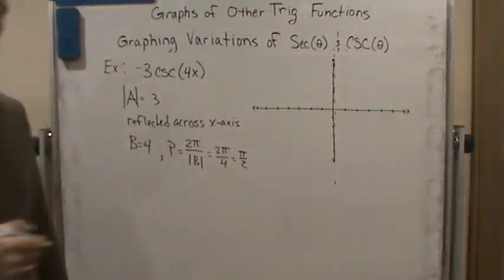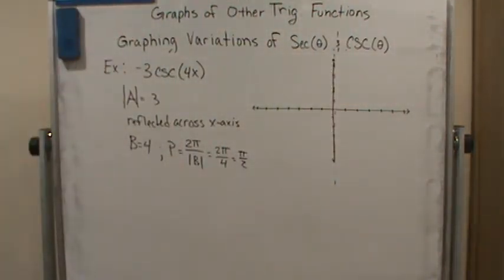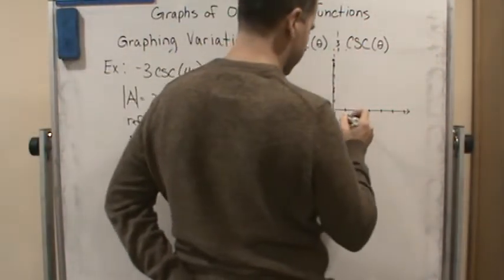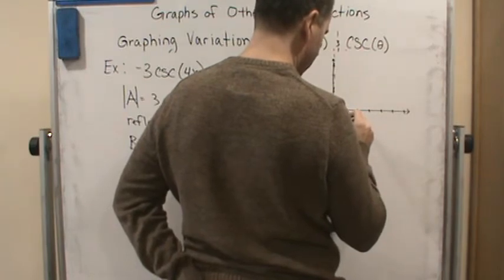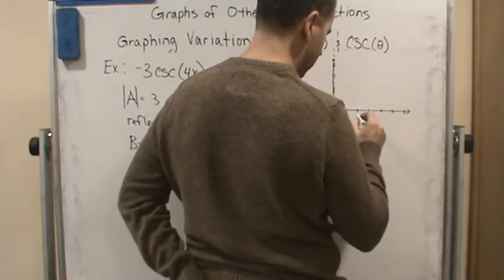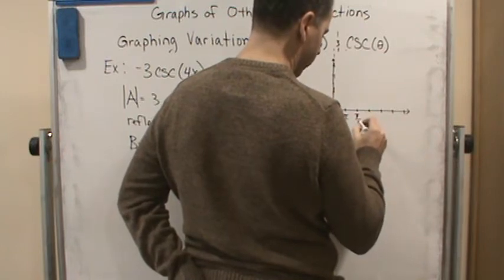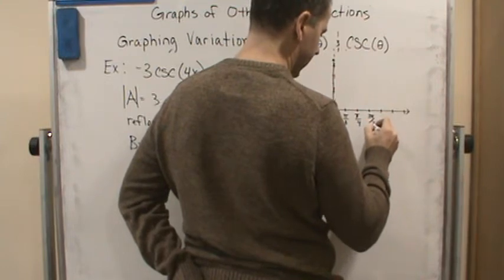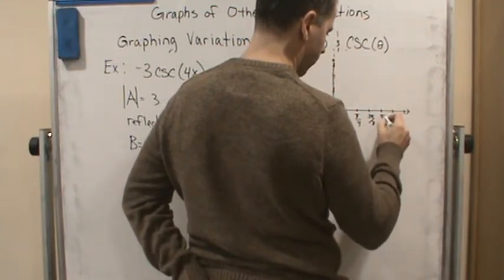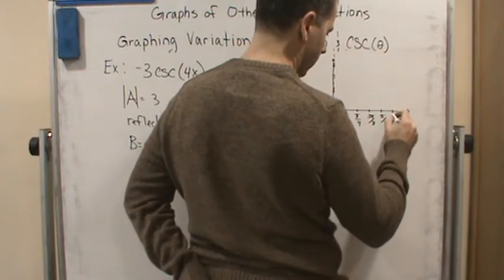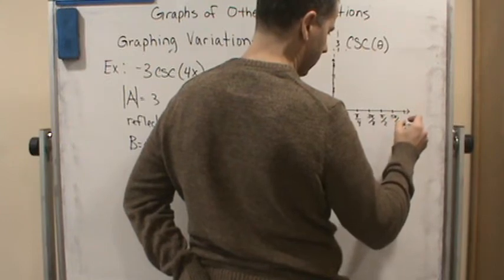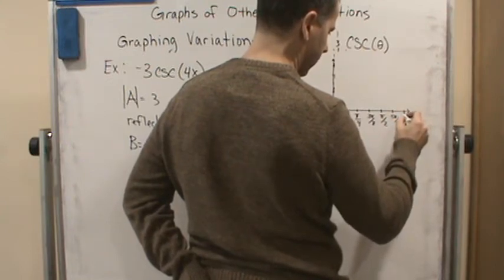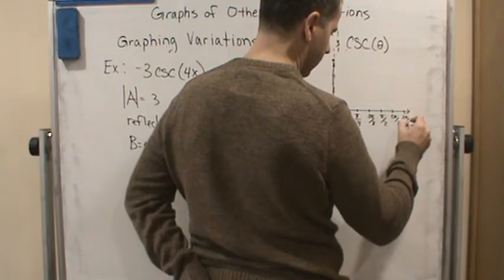So let's see, we're starting at 0, and let's go up by eighths. This is going to be pi over 8, this is going to be pi over 4, 3 pi over 8, pi over 2, 5 pi over 8, and 3 pi over 4.